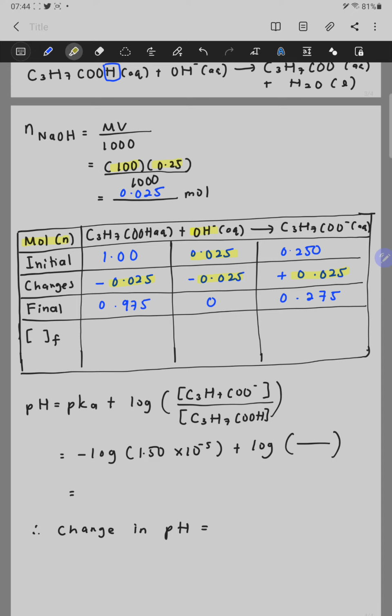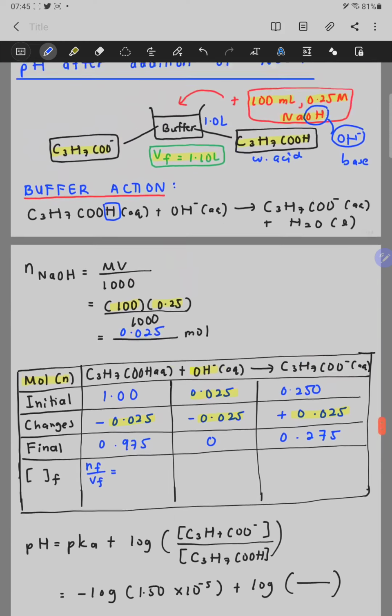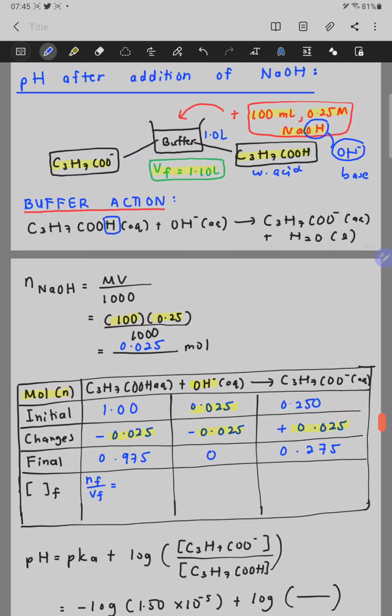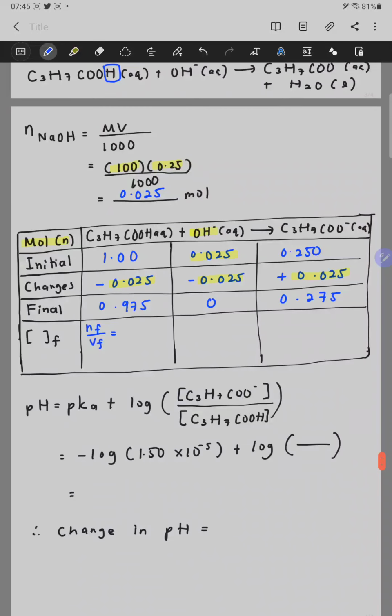Okay, right. So, after dah dapat final mole, maka kita akan cari final concentration, which is N final over V final. So, V final adalah 1.1 liter. Okay, after you guys dah tambah 100 ml of 0.25 molar sodium hydroxide lah. So 0.975 divide with 1.10 liter. Okay, korang akan dapat 0.89 molar.